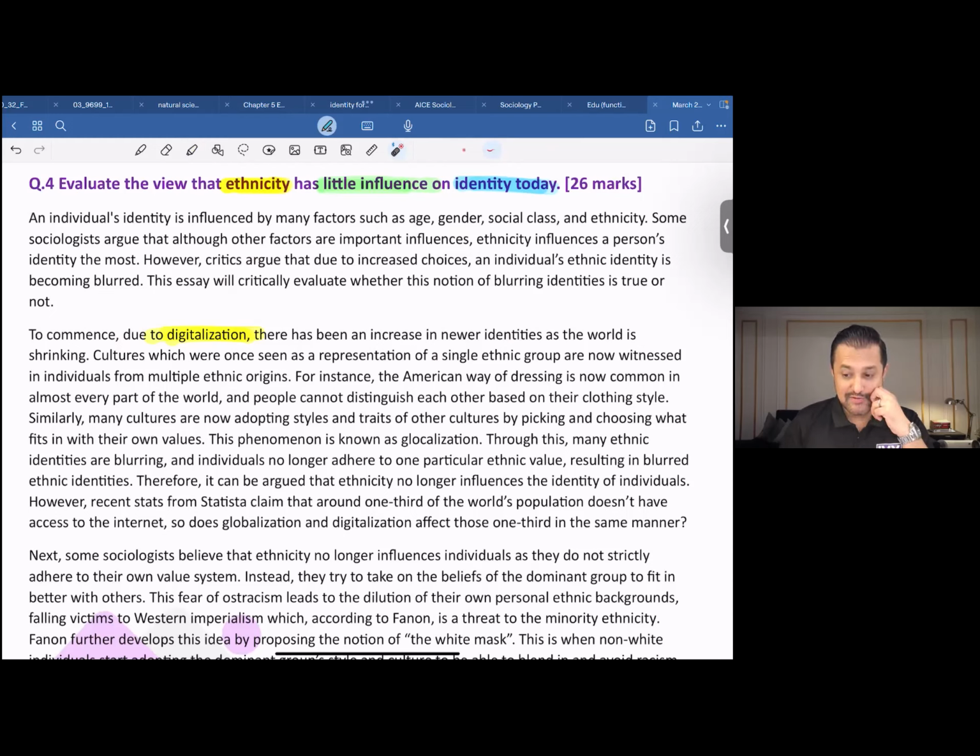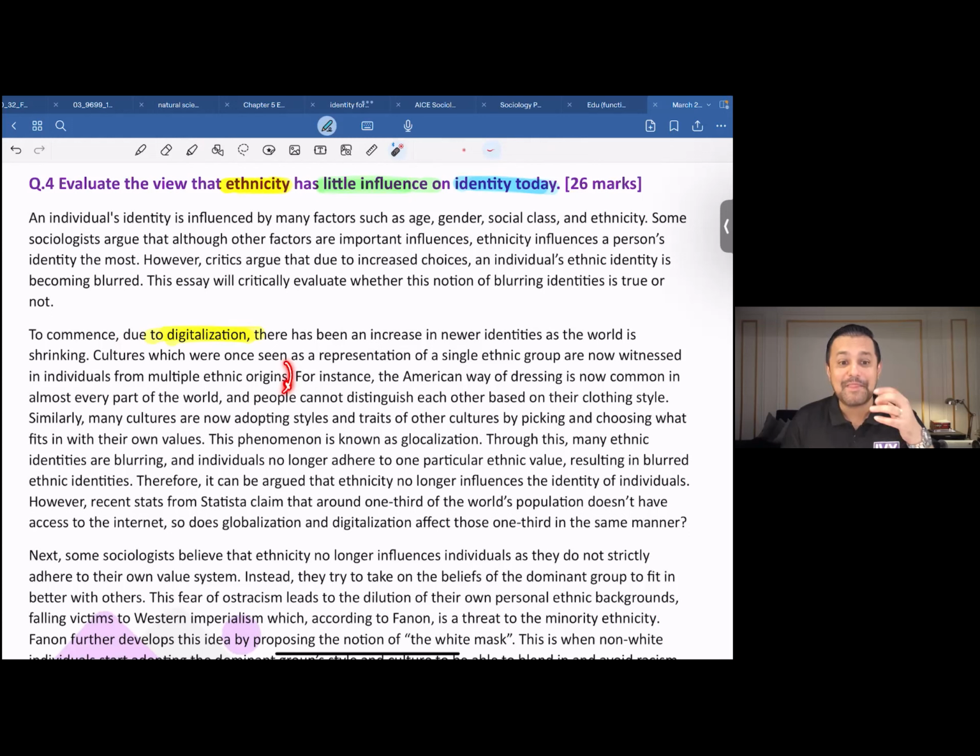All of this is possible just because of digitalization. So cultures which were once seen as a representation of a single ethnic group are now witnessed in individuals from multiple ethnic origins, right? For instance, K drama, K music. What is the name again?